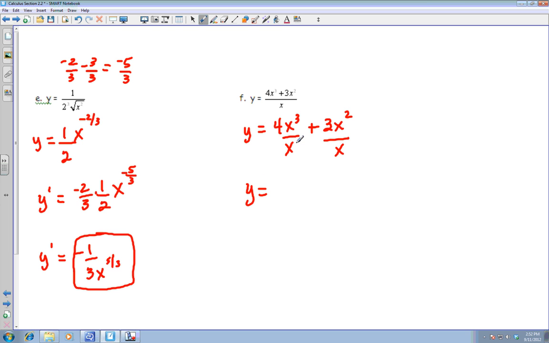Here, this x will cancel with one of these, and I just have 4x squared on top. This x will cancel with one of these, and I just have 3x. So now I'm ready to find the derivative. Y prime equals, bring down your exponent and subtract 1. The derivative of 3x is 3.